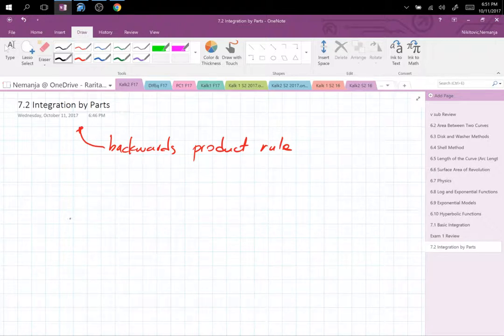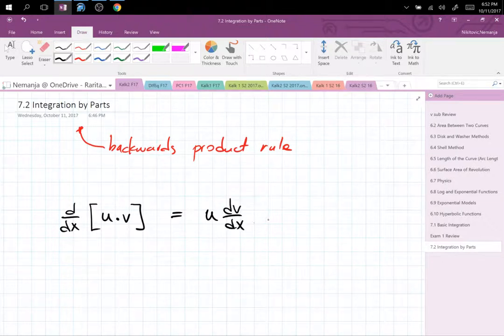If I write the derivative of U times V is equal to U dV dx plus V du dx, which is the standard formula for product rule, you can quickly see what happens if you integrate this.